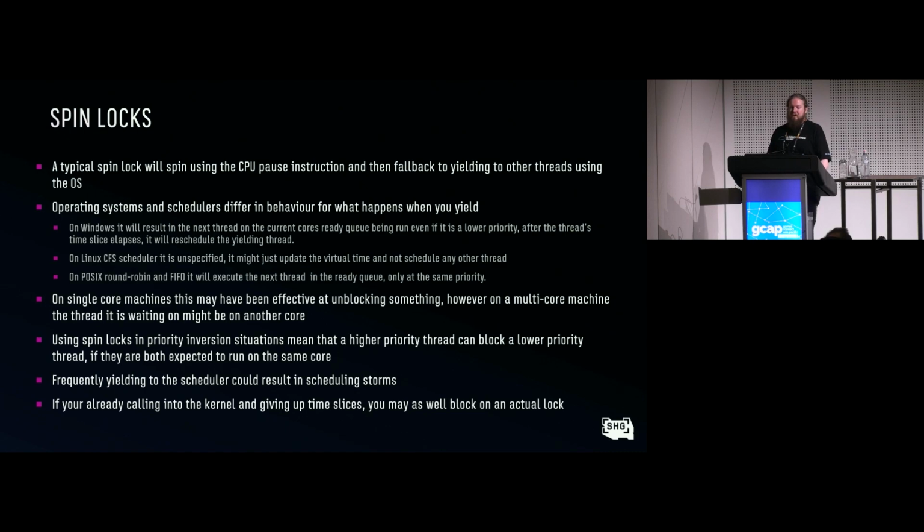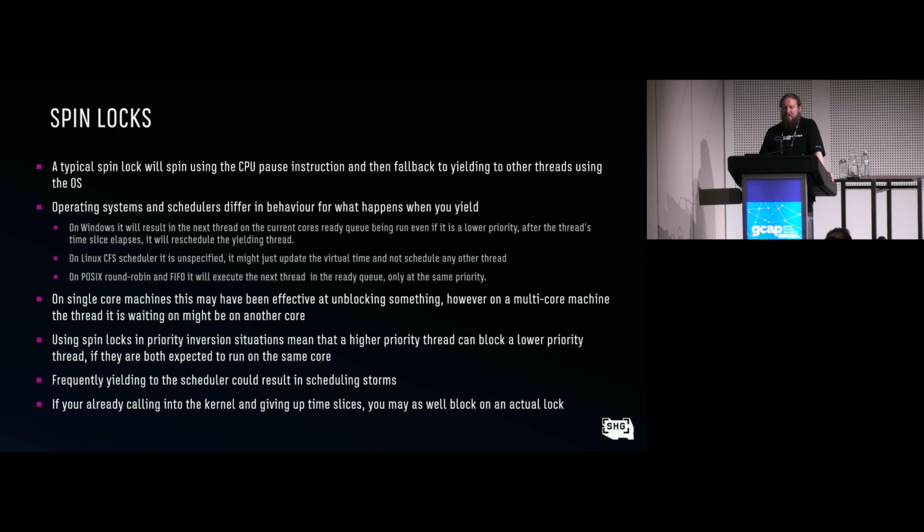In these loops, it's pretty common to do one of two things: execute the CPU pause instruction to avoid instruction pipelining, and another approach, which is call into the operating system to yield the current time slice, allowing other threads to run, potentially even the one that has held the lock. In some cases, there will also be a combination of both the pause instruction and yielding to other threads.